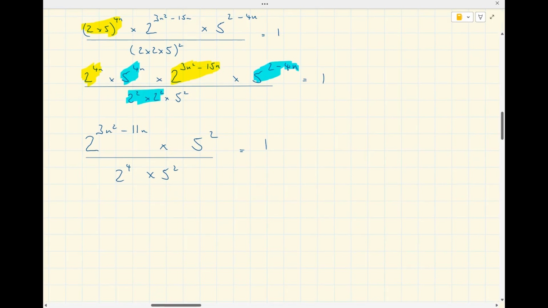Now, I've got the numerator divided by the denominator. So I'm going to subtract the indices. So I'm going to have 2 to the power of this divided by 2 to the power of that.